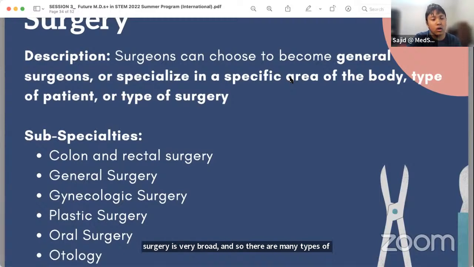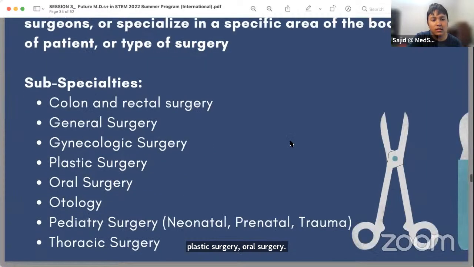So there you have colon and rectal surgery, you have general surgery, you have gynecologic surgery, plastic surgery, oral surgery. And if you would scroll down, I think there's one more. There's more. Okay, so there's otology, pediatric surgery, and even within pediatric surgery, you have neonatal, newborns, prenatal, and trauma.